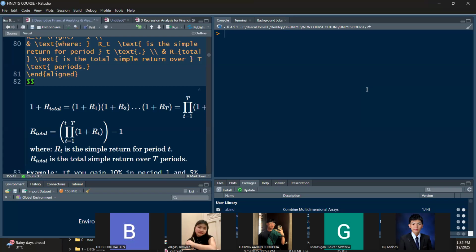How about the others, please? What's your answer? 24% for Pao. What are the others getting? Just follow the formula, class, and you will get the multi-period simple returns. The formula is quite straightforward. Waiting for the others to answer, please.